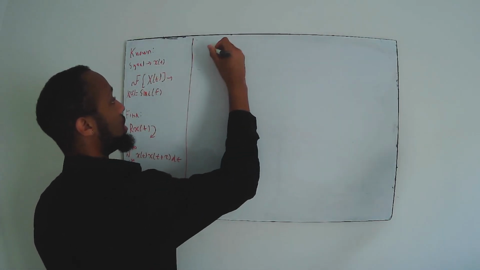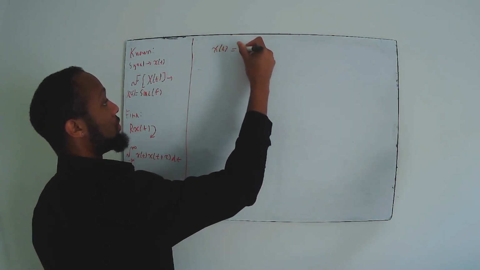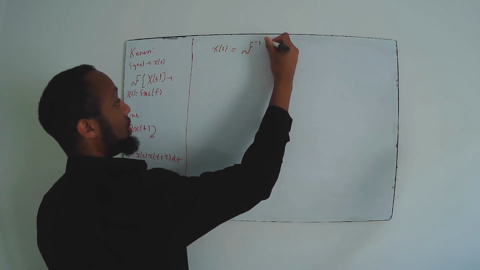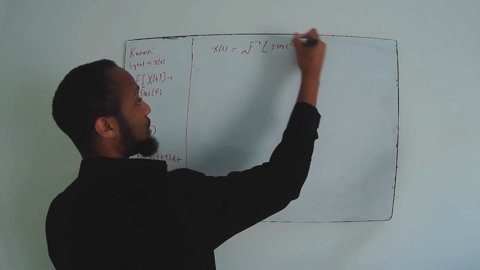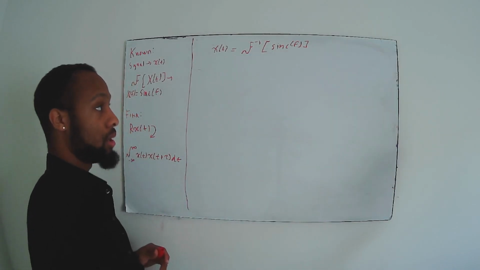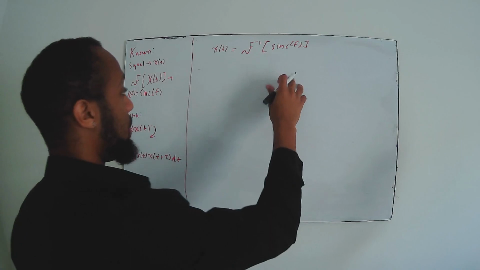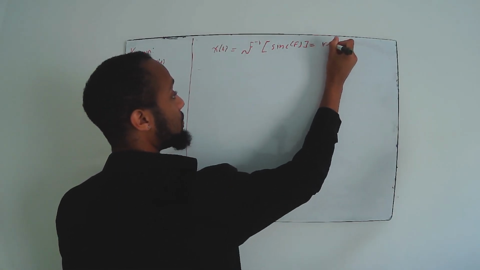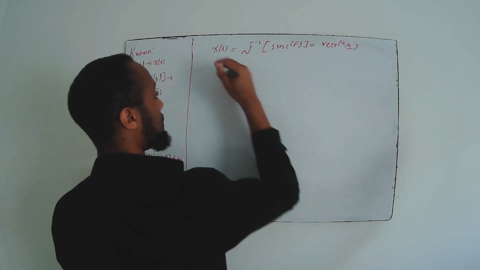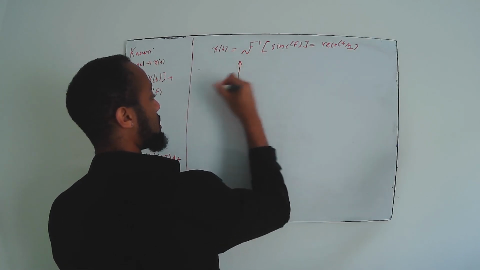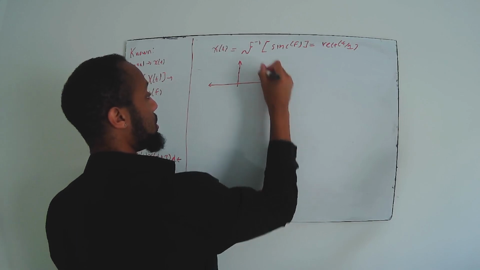To find x(t), we take the inverse Fourier transform of sinc of f. You can use a table to find this, and I'll put the table up on the screen. The inverse Fourier transform of sinc of f is going to be equal to rect of t divided by 1. I'll draw this graph so you get an idea of what it looks like.